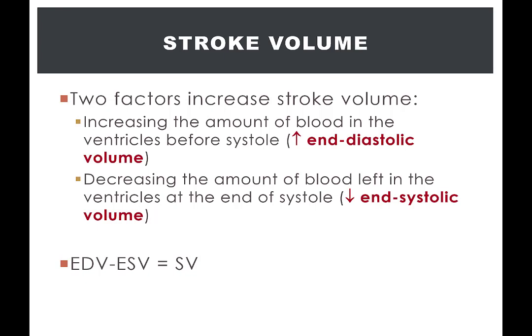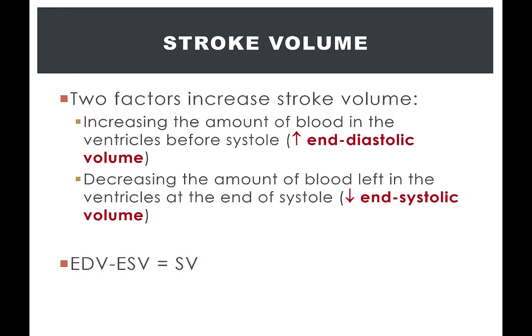So if stroke volume is increasing, what changes are occurring with end diastolic and end systolic volume? First, we have an increase in end diastolic volume, meaning there is an increased amount of blood in the ventricles before it contracts. This means in between each ventricular contraction or heartbeat, there is more blood filling the ventricle. And during exercise, end diastolic volume increases because there is greater venous return.